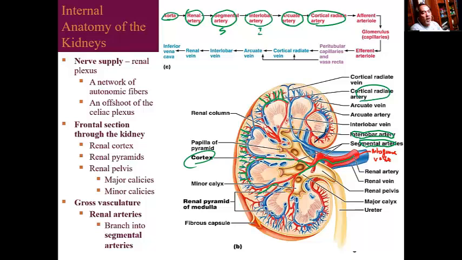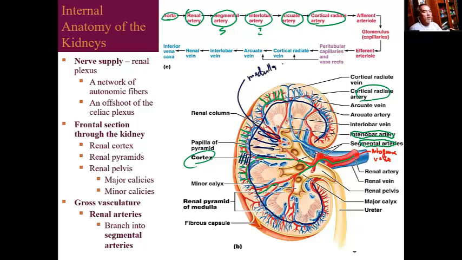So if I put a line along the periphery, I can divide the kidney into two areas. The outside portion is called the cortex. Anything in the middle portion, all of this here is called the medulla.